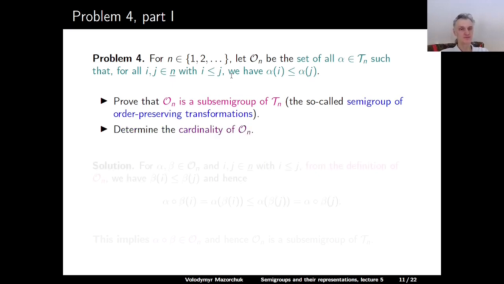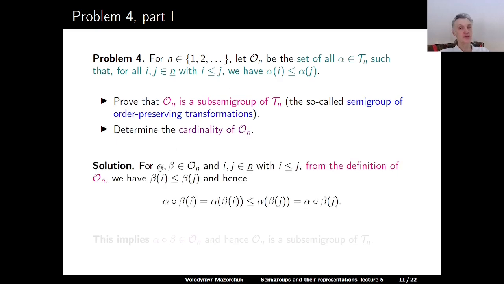Solution. For two elements alpha and beta in On, and any pair of elements i, j in n underlined such that i is less than or equal to j, from the definition of On, we have that beta of i is less than or equal to beta of j, because beta is order preserving.